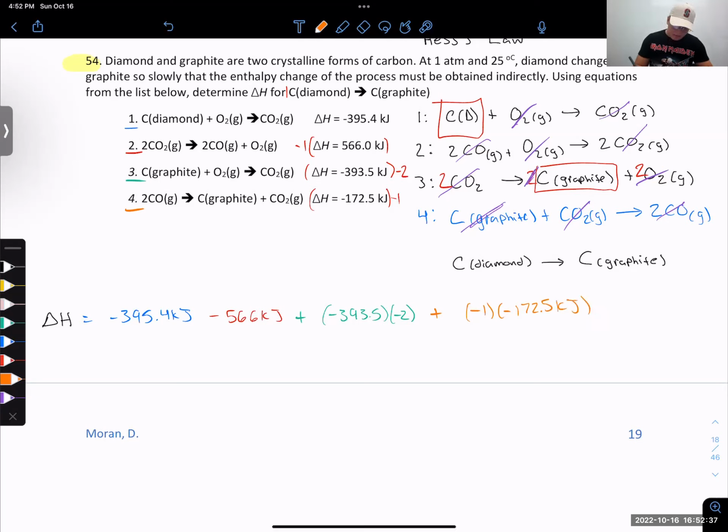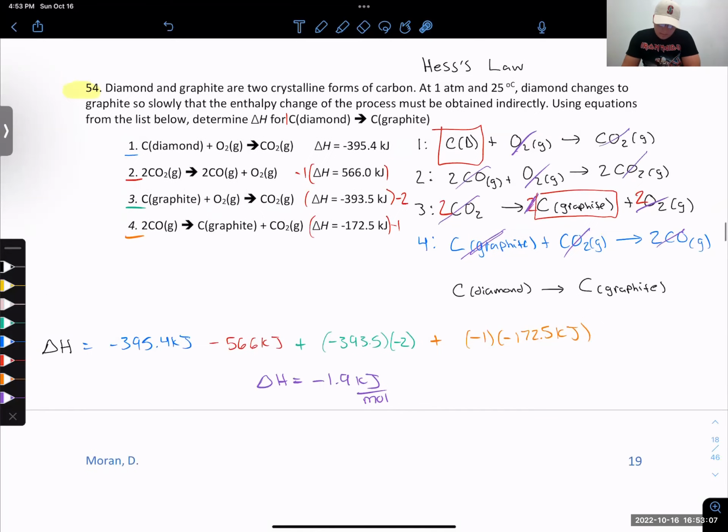And when you add all of these up, you should get an answer of delta H equal to -1.9 kilojoules. Typically it would be per mole. So the units of enthalpy are kilojoules per mole. So all of these should have had units of kilojoules per mole. However, I probably forgot to do that when I made this worksheet.